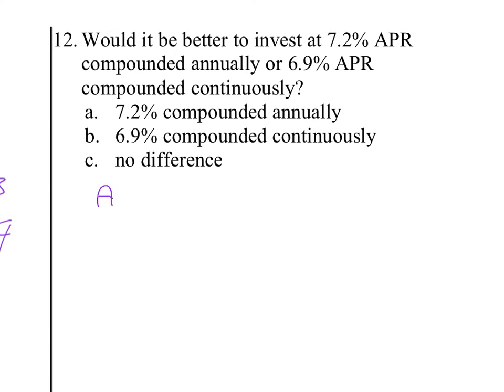This A, which is going to be equal to whatever my principal is, times 1 plus, since it's compounded annually, it's straight up the interest, 0.072. If it was semi-annual, that would be a 2. But it's not, so we're going to erase that.